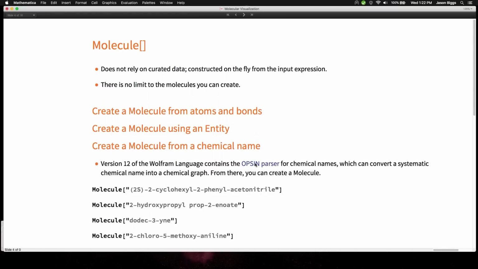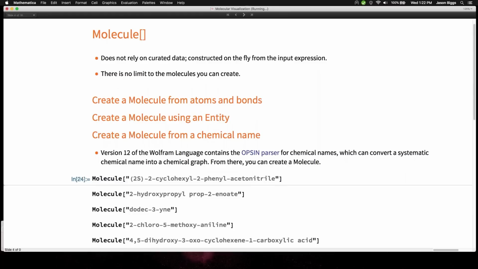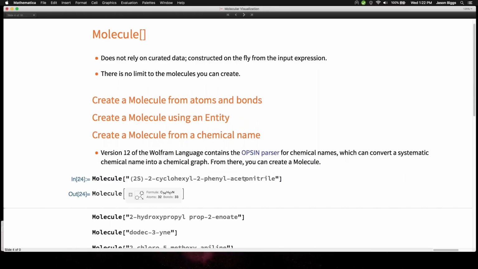We use the OPSIN parser for turning this chemical name directly into a molecule without calling a lookup table to see what this is. When you evaluate it, it recognizes that you start out with an acetonitrile right here. It's got a phenyl at position 2, and it's got a cyclohexyl also at position 2, and it even tells you about the three-dimensional arrangement of it, right?